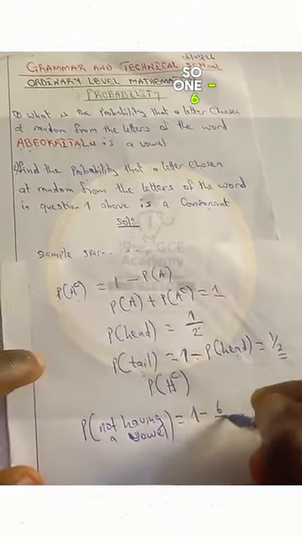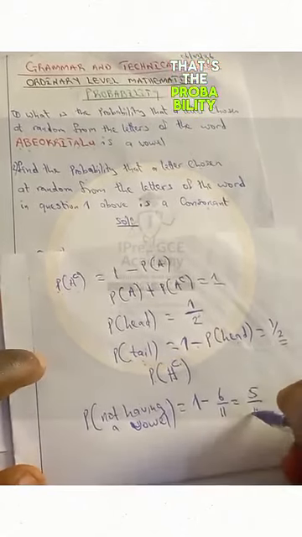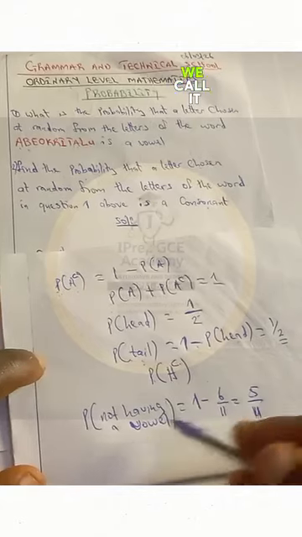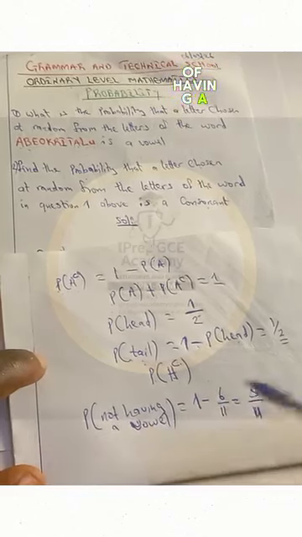So 1 minus 6 on 11. That should give me 5 on 11. That's the probability of not having a vowel. We call it the complement of the probability.